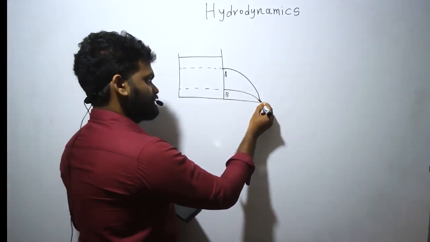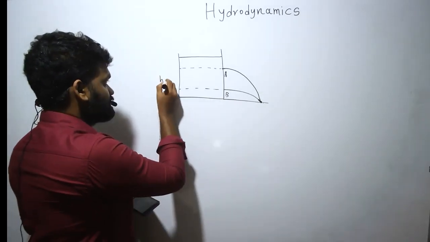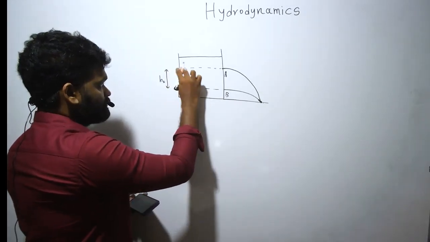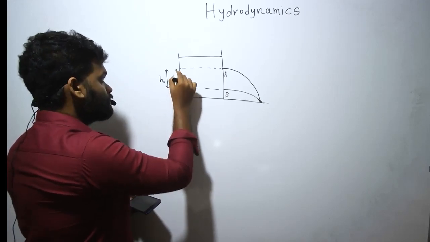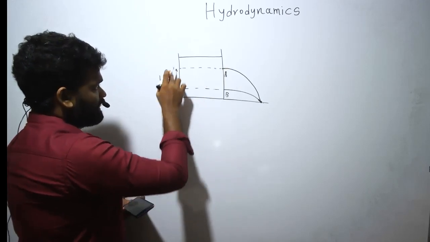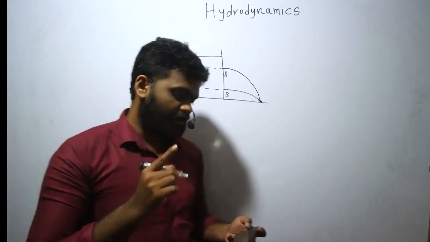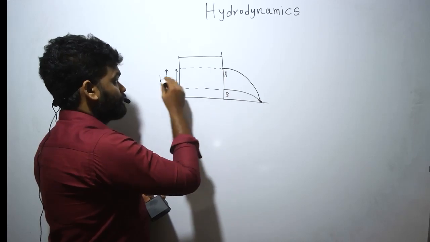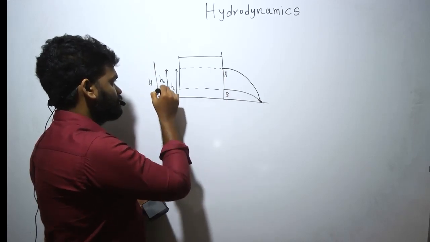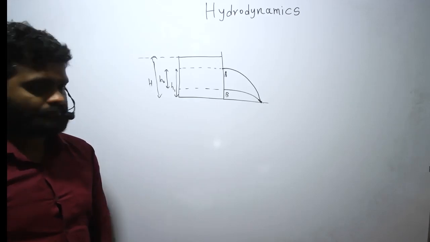Falls to the same place. Okay. Then they say this height is H2, height difference between these two levels, and from the bottom to the top punch, the height is H1. So here what they ask is height of the water level. That's capital H. Let's say capital H, right?